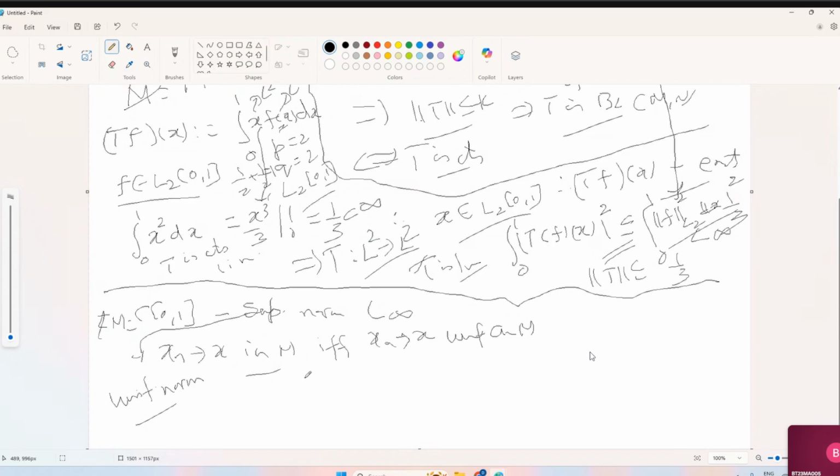Let us take P[R], the set of all polynomials defined on [0,1] with real coefficients. Every polynomial is continuous, no? In fact, it is differentiable. Therefore, this P[R] will be a subset of C[0,1].